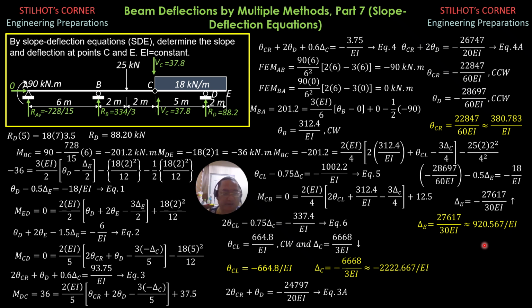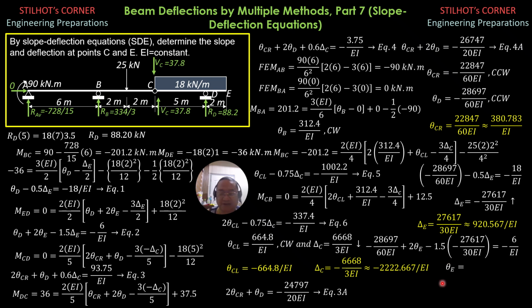So that's it. So finally, in equation 2 to solve for theta E. So theta D negative 28697 over 60 EI plus 2 theta E minus 1.5 of delta E, which is negative 27617 over 30 EI equals negative 6 over EI.